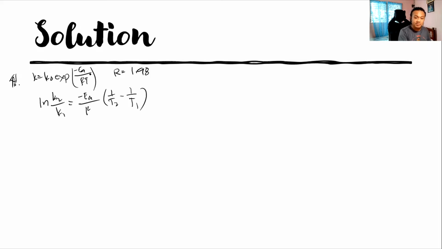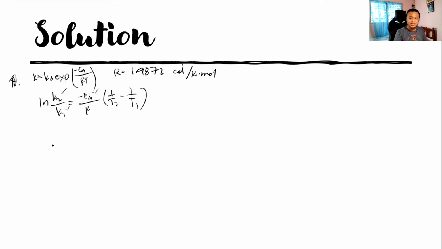Yeah, 1.9872 calories per Kelvin per mole. So that's what we'll use later. Okay? So we have the temperatures, we have the R, but we are missing three variables. So EA is what we are finding, but K2 and K1 are missing.